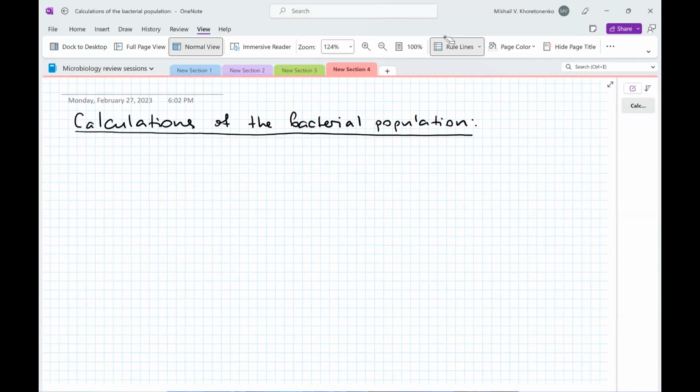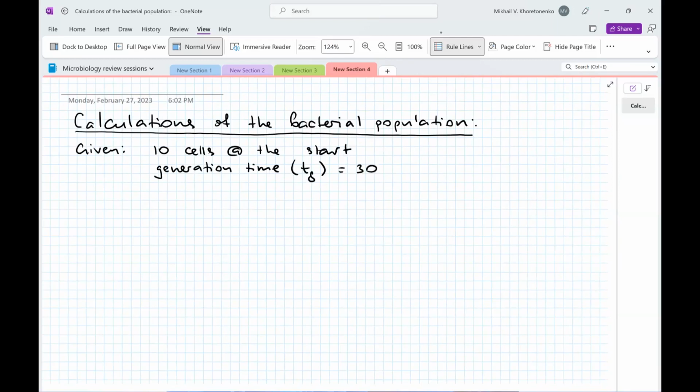So here's what you're given. You have 10 cells at the start. Generation time is 30 minutes.